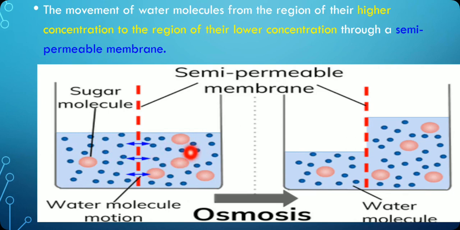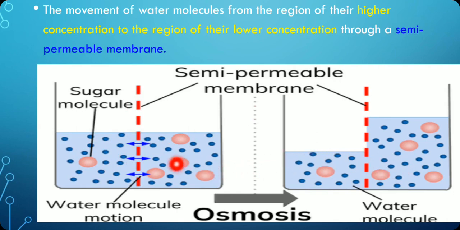Because there are more sugar molecules here. So here there is a higher concentration of water and here there is a lower concentration of water, and they are separated by a semi-permeable membrane. The movement of water molecules from the region of their higher concentration to the region of their lower concentration with the help of a semi-permeable membrane is called osmosis.